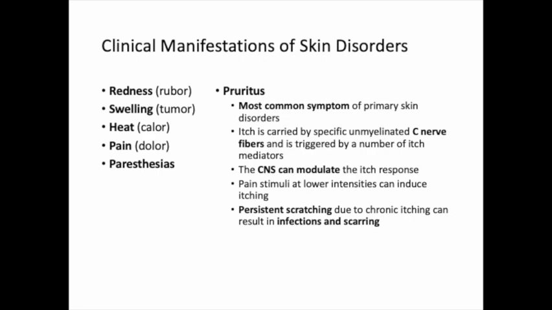So in this process of pruritus, which is actually the most common skin symptom of primary skin disorders, you are getting that itch because of the small unmyelinated type C nerve fibers transmitting that itch sensation, and it goes through specific spinal pathways that carry that itch sensation through the spinal cord and then up to your brain.